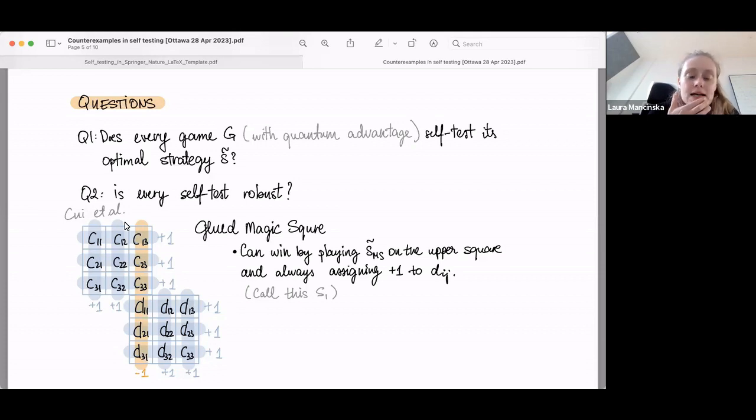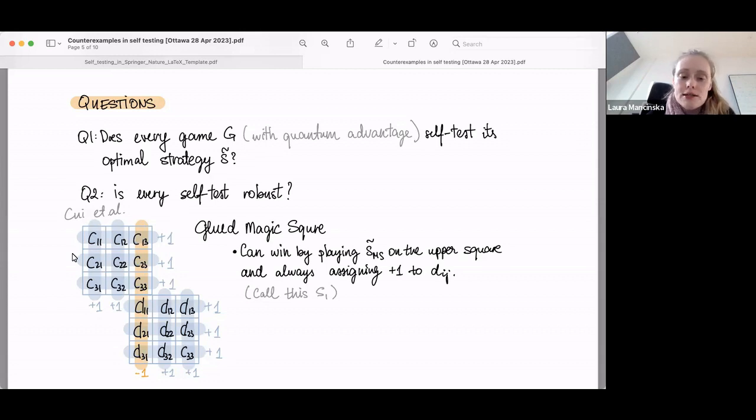Notice that these two strategies don't generate the same correlation. Why? Because one of these strategies always has zero probability of ever answering any -1 down here, while the other strategy has zero probability of assigning -1 to any of these C variables.